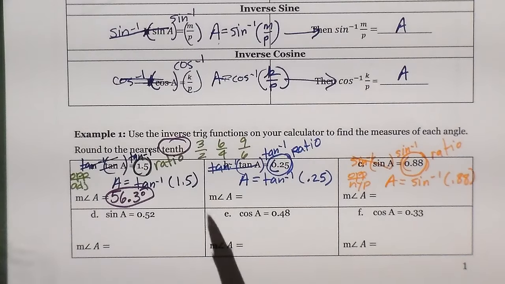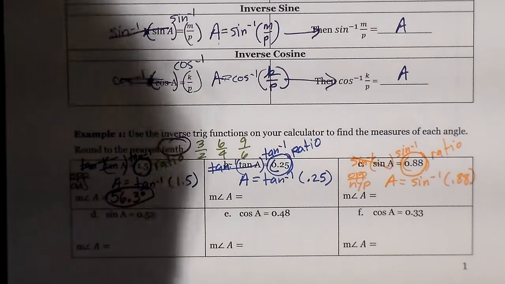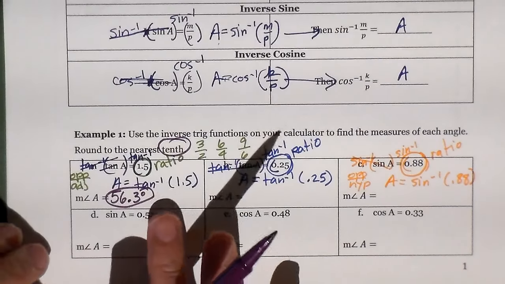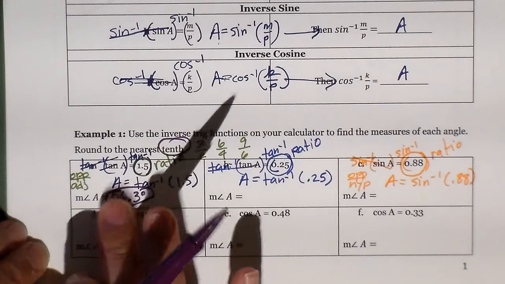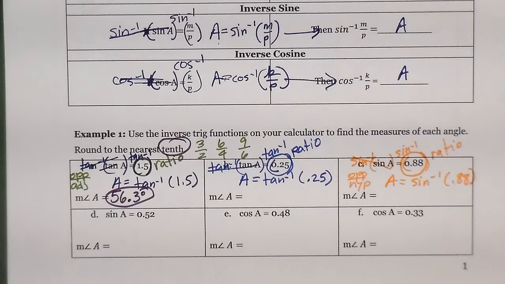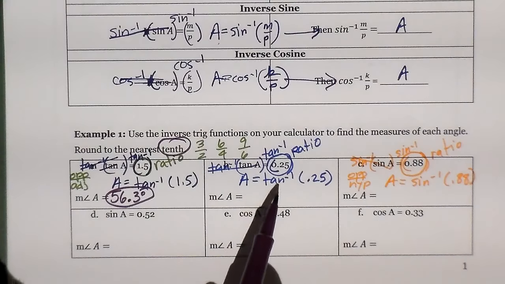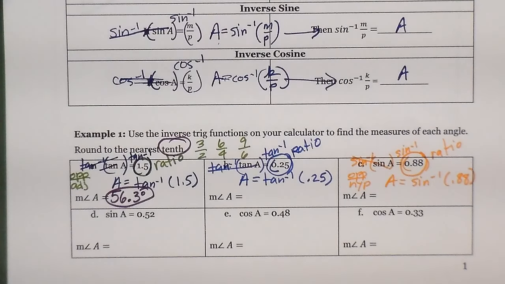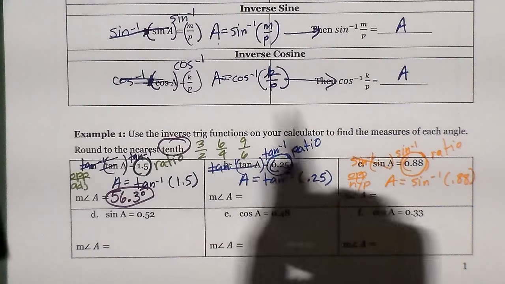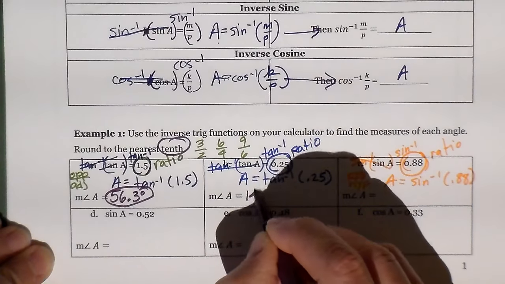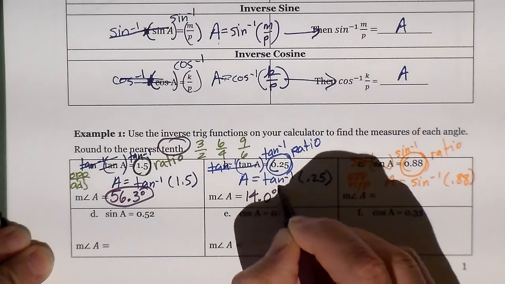Remember, original trig, you're given the angle, find the ratio. This trig, you're given the ratio, find the angle. So you're going the other way, you're undoing the operation. So let's do this one. Inverse tangent of 0.25. And that gives you 14.03, which is 14.0 degrees.